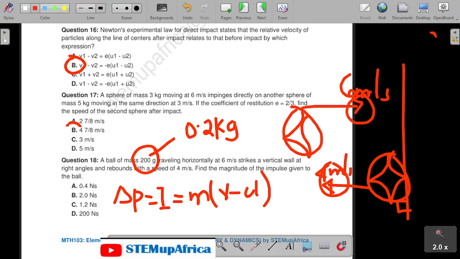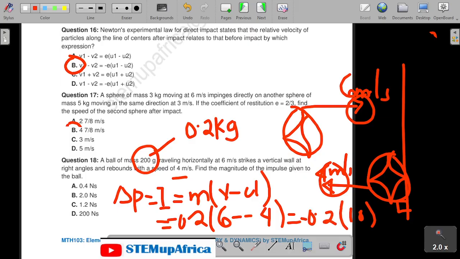So if I substitute, I'm going to have 0.2 into 4 minus negative 6, which is 0.2 bracket 10. The answer will give us minus 2 Newton seconds. Although there's supposed to be a negative sign, this option is supposed to be minus this option.